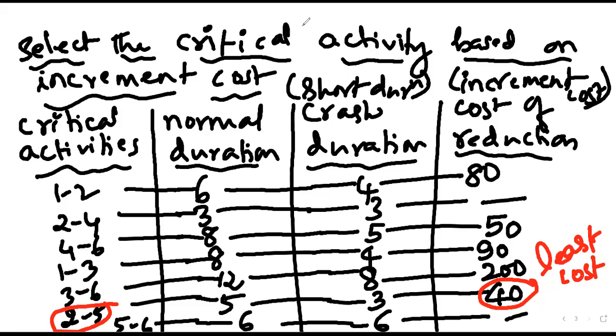Normal duration is 5 days, crash duration is 3 days.